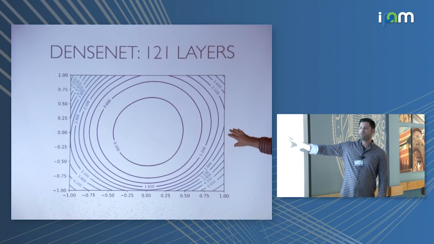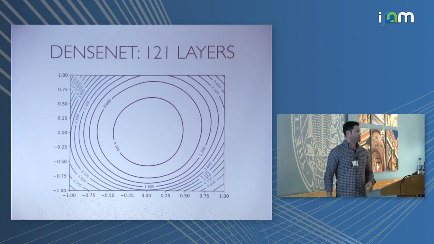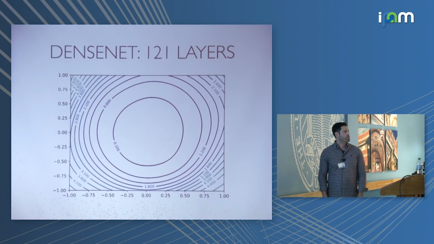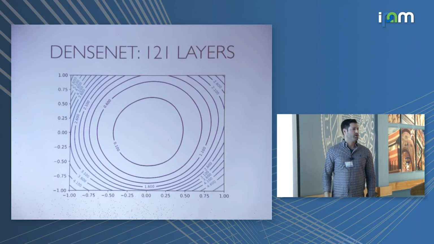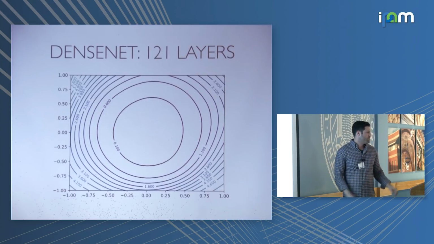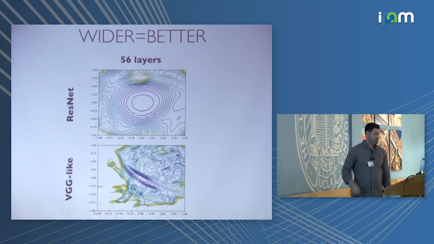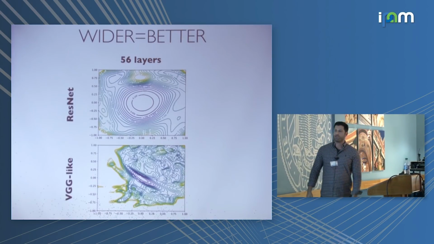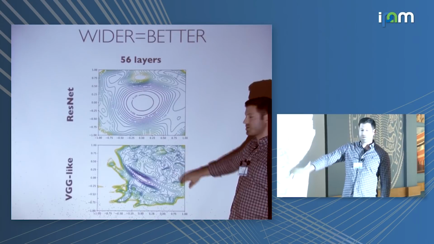So DenseNet has a very sophisticated set of skip connections, many more skip connections than you have in a residual network. And so it really seems like these skip connections are the secret sauce that makes these loss landscapes well behaved. Another thing that we've looked at is how the width of the network affects the loss landscape. If we look at this 56-layer network again, here's with residual skip connections, here's without skip connections.